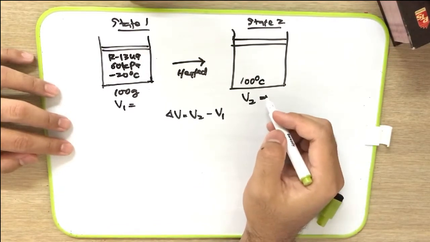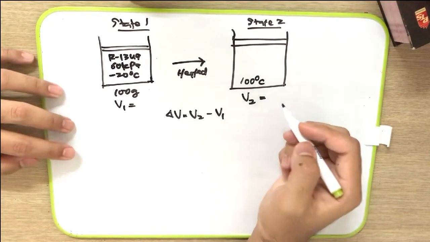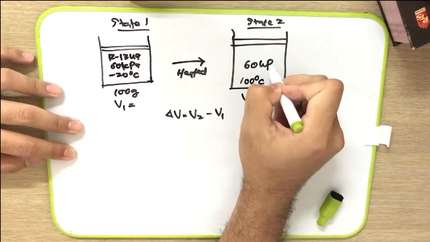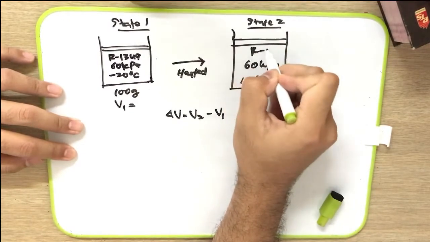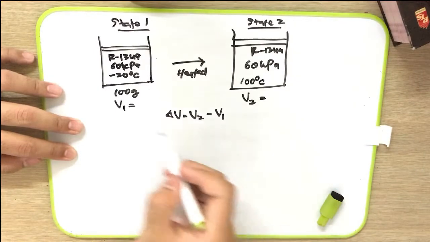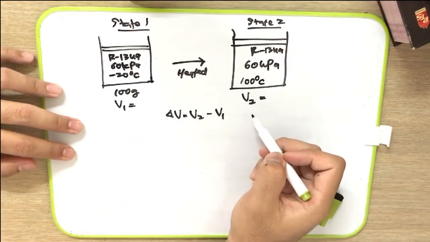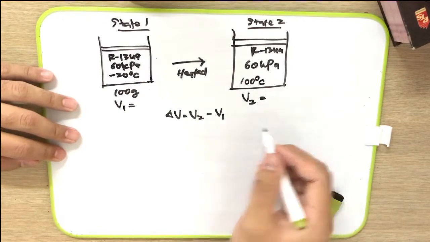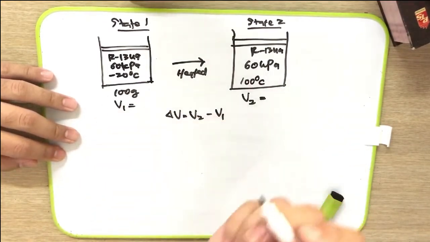Because the process happened isobarically, the pressure here is 60 kilopascal. So we need to find V1 and also V2. Whatever it is, we need to find the phase of each state, state 1 and also state 2.